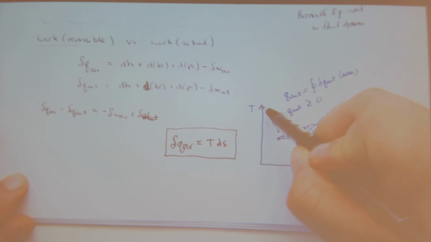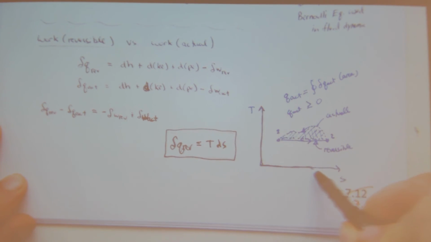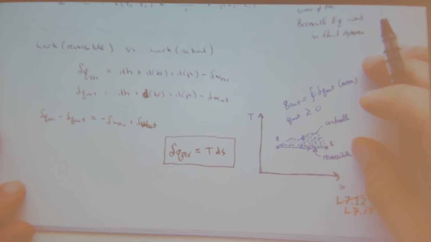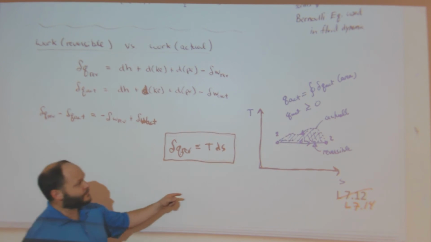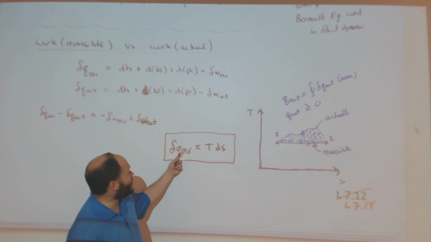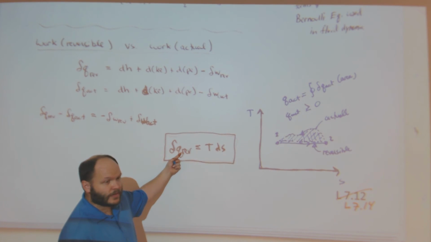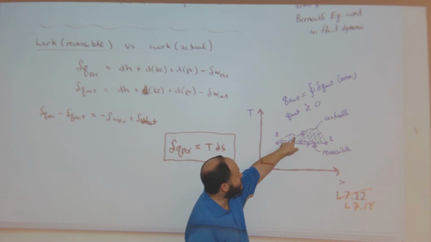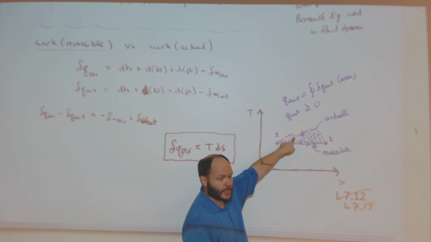Look at my TS diagram, and I look at a reversible process, so I go from 1 to 2 and back. My reversible, this has to be equal to 0, right? No area. And my actual is larger, okay?